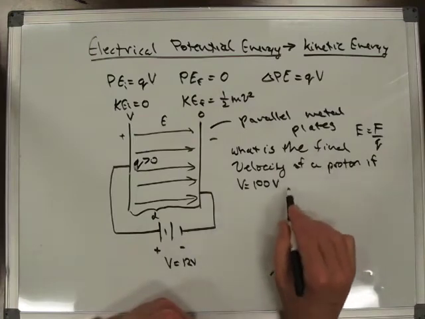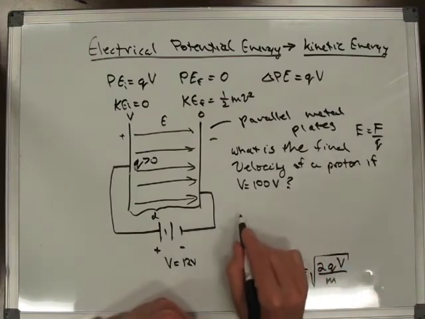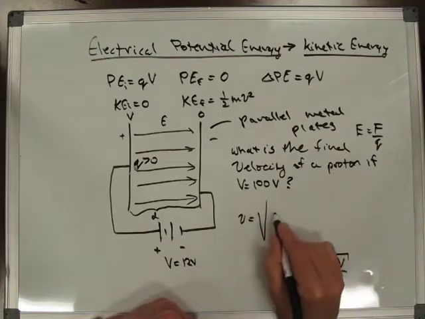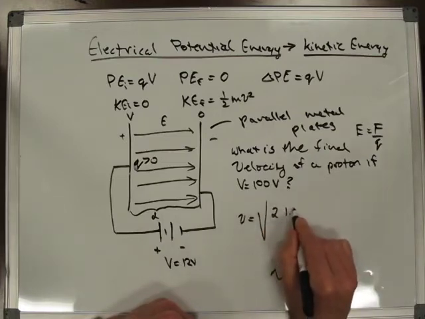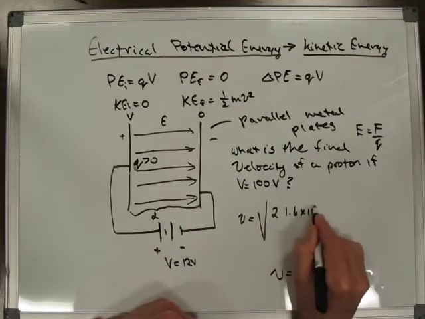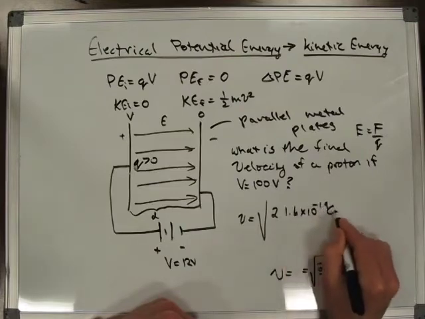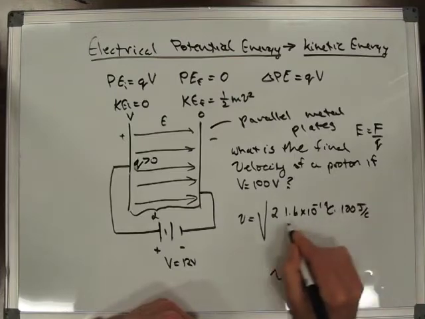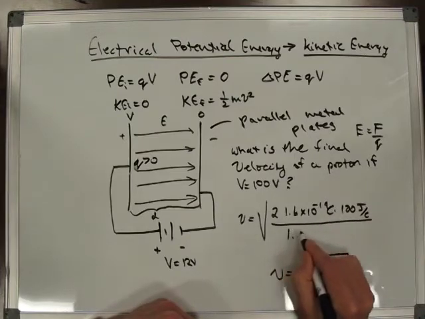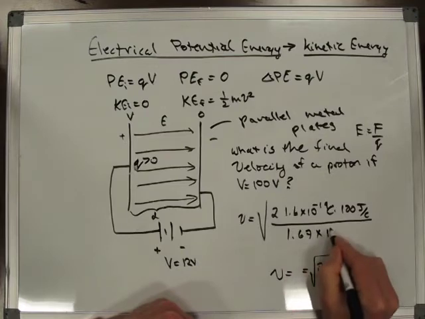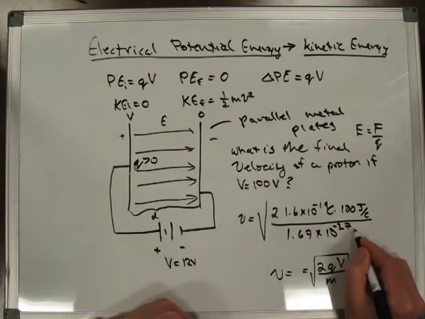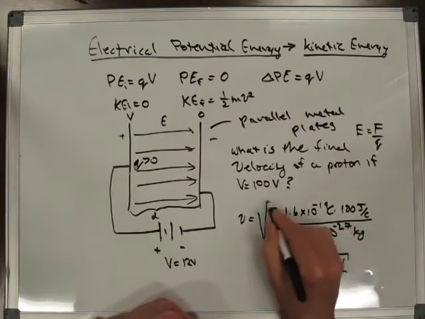So what is the final velocity of a proton if the voltage is 100 volts? And so we get the velocity is the square root of 2 times the charge on a proton, which is 1.6 times 10 to the minus 19th coulombs, times 100 volts, which is 100 joules per coulomb, divided by 1.67 times 10 to the negative 27 kilograms.